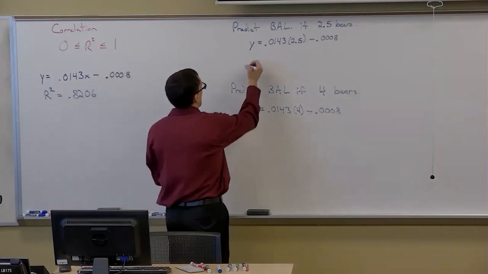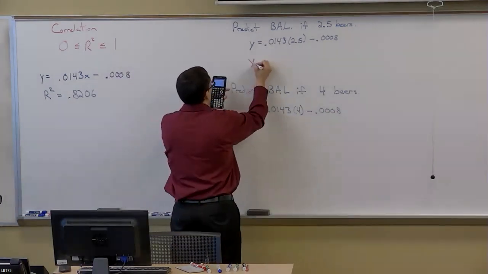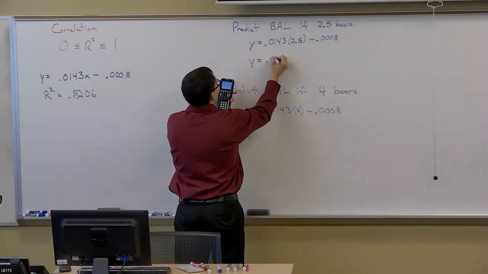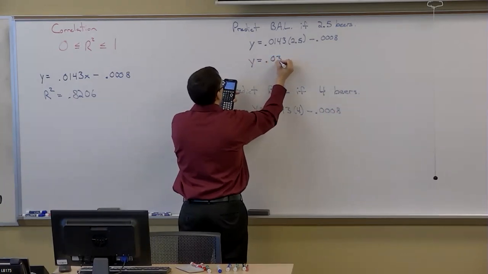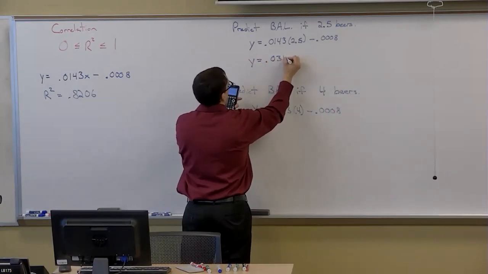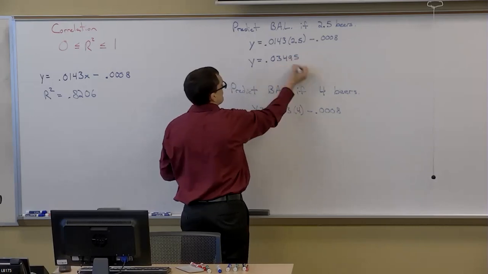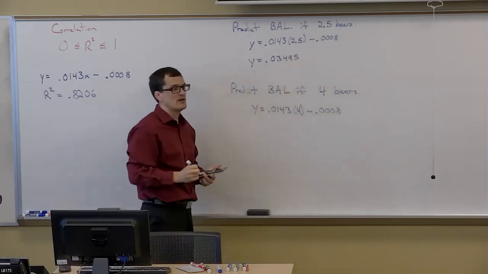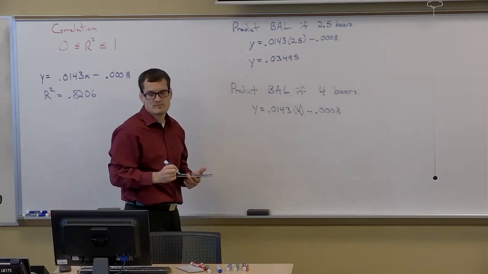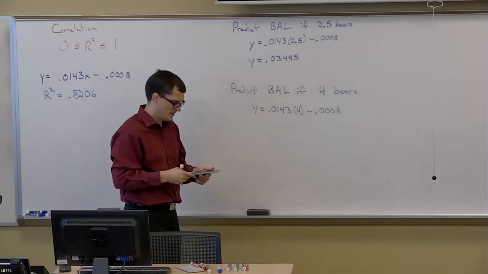On this top one, I get a Y of 0.03495. That's the blood alcohol level prediction. All right.